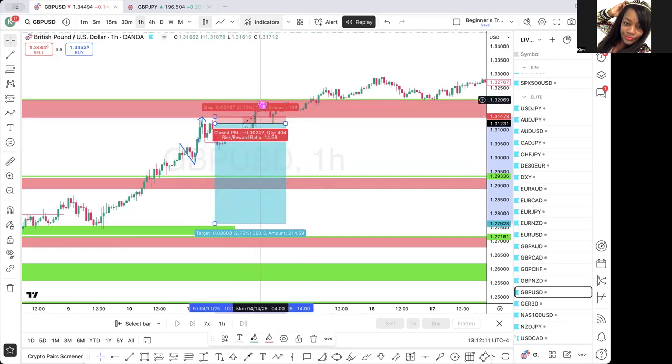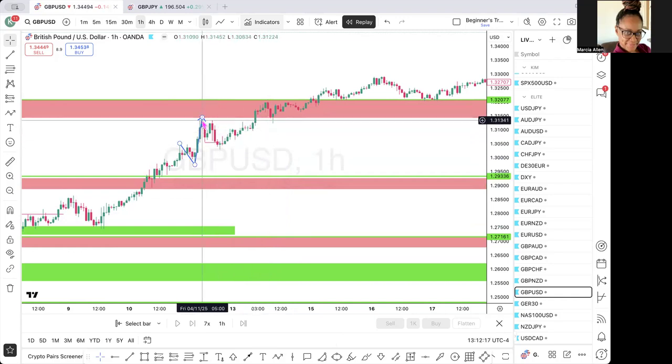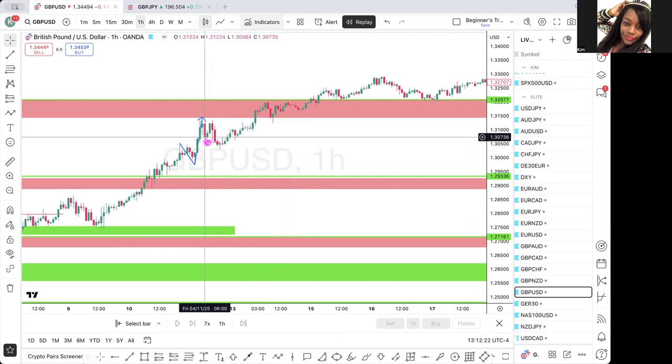You have to know market structure. I don't care that price came up here and gave a bearish order block. I don't care. The structure is here.